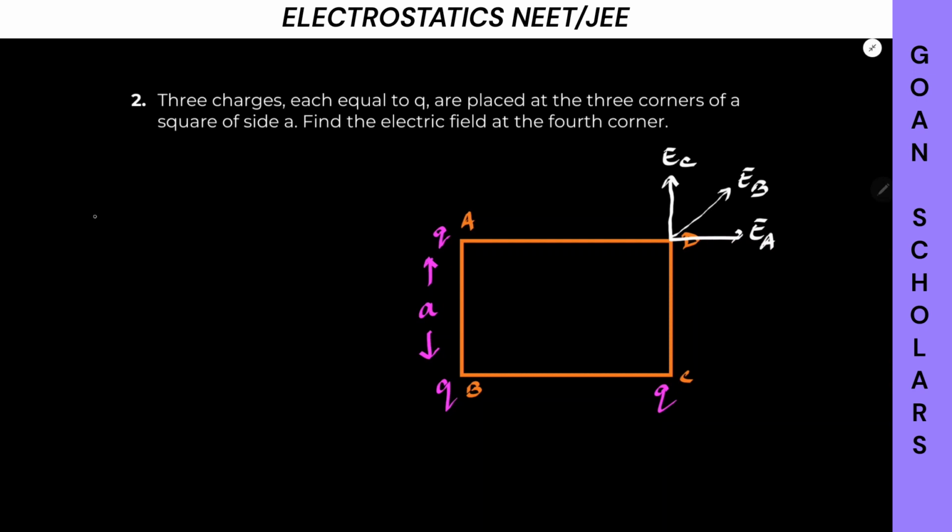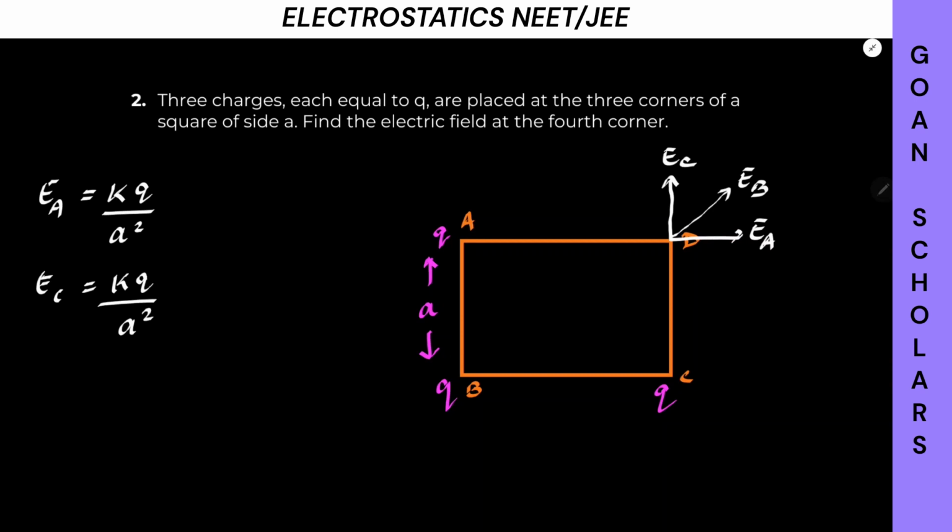Okay, great. Let's find the magnitude, okay? So the magnitude of EA will be KQ upon the separation squared, A square. I hope this is clear. Separation AD is A. So KQ by R square, R is A here. Electric field due to charge C will also be KQ upon A square, right?